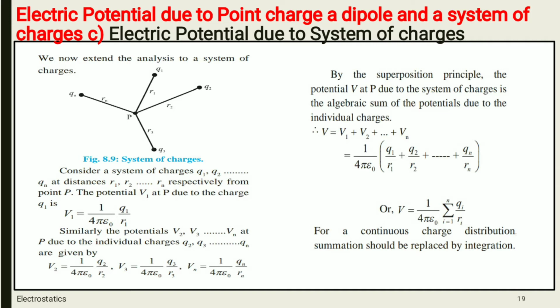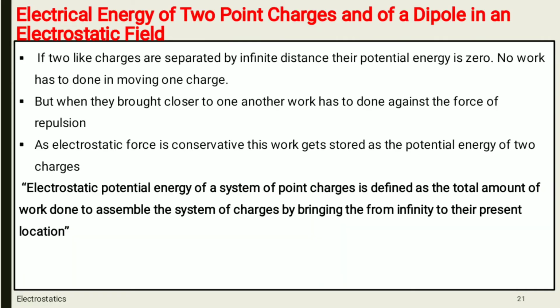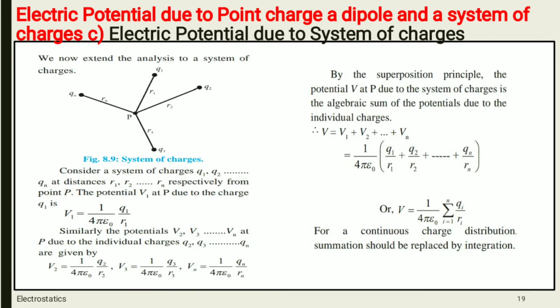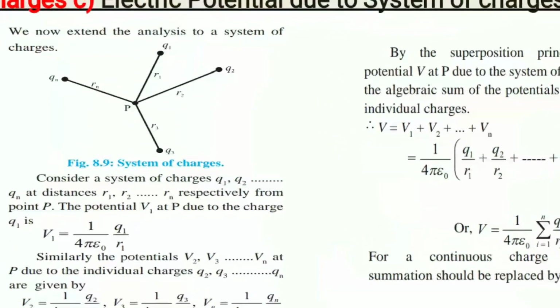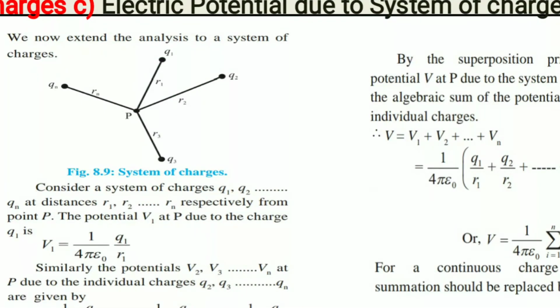So as you can see in the figure that there are the charges Q1, Q2, Q3 up to Qn, which are separated by distance R1, R2, R3 up to Rn from point P, which is given here.